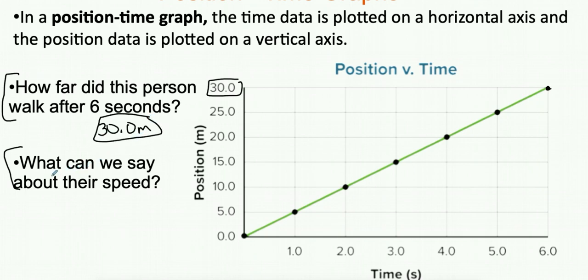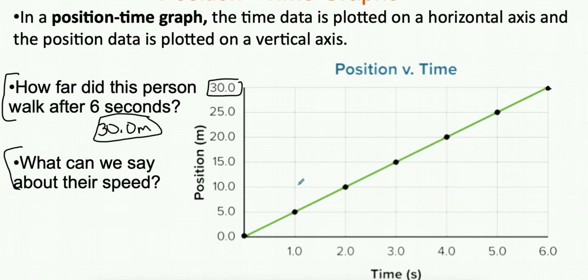Okay? Now, what can we say about their speed? If we look at this graph, what can you say about the speed of the person here? Is it changing or is it the same? Okay? Well, after second 1, we went 5 meters. Second 2, we went 10 meters. Second 3, we went 15 meters. Second 4, we went 20 meters.